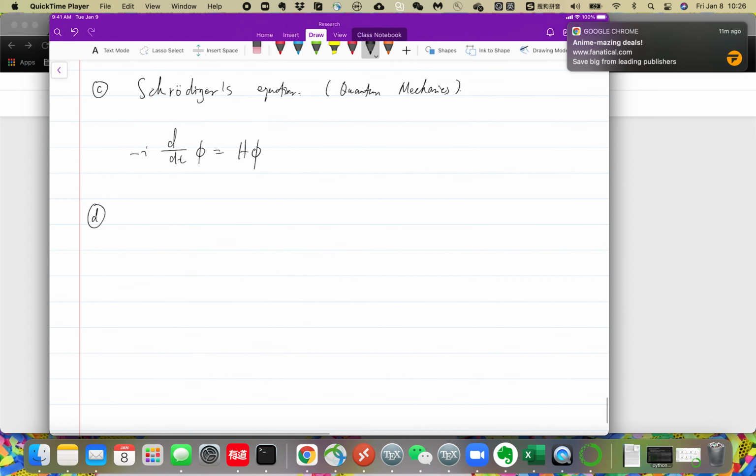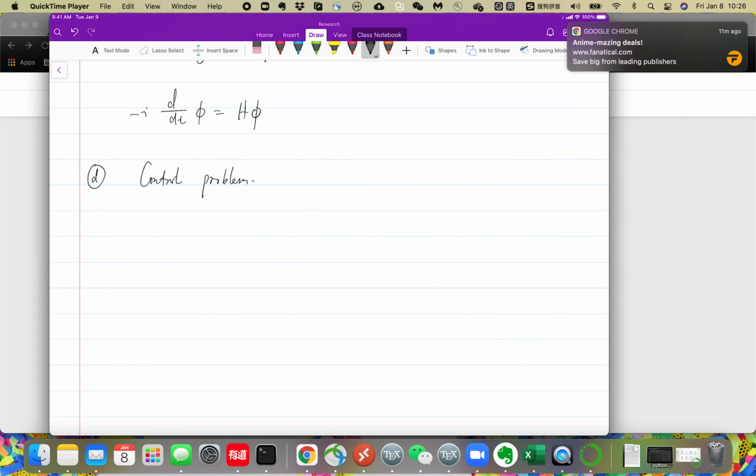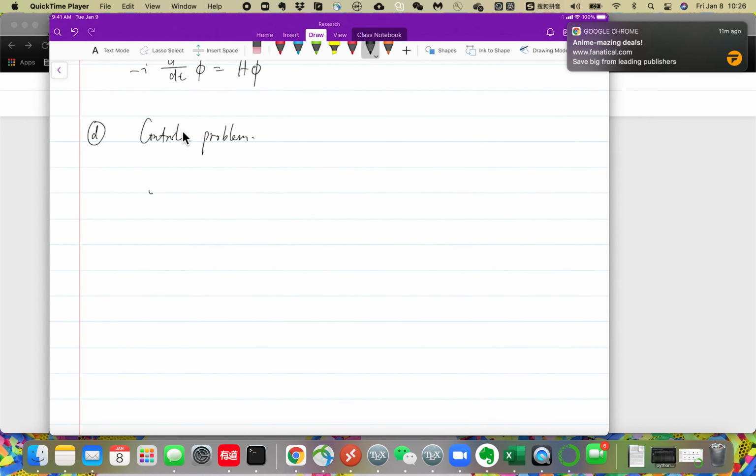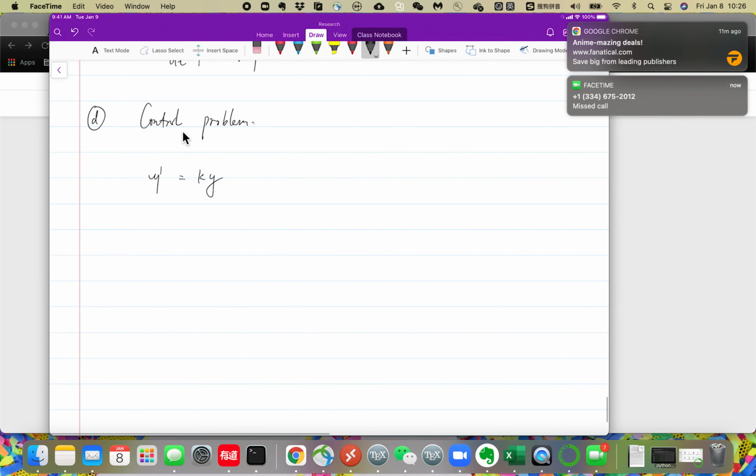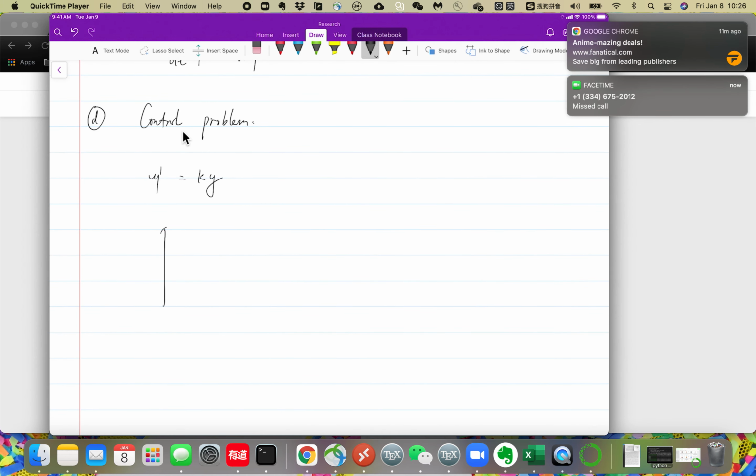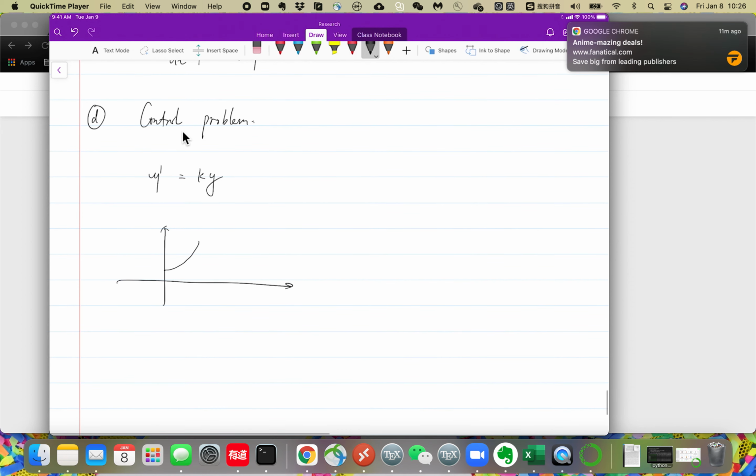So finally, a special type of thing called a control problem, which is again very useful in real life. Basically, if you have the differential equation, this whole thing is going to grow exponentially. Now what you can do is add in some control. You say, hey, if I let it be, the whole thing is going to be a disaster.